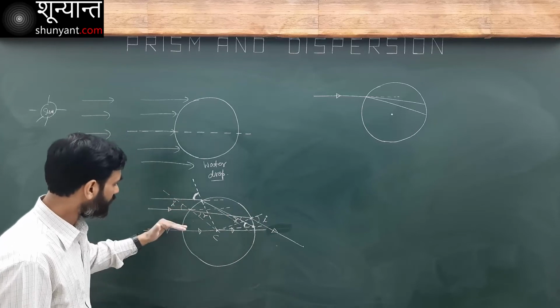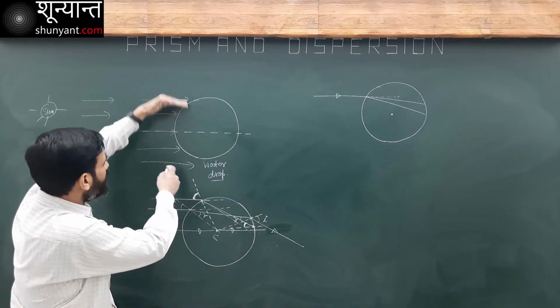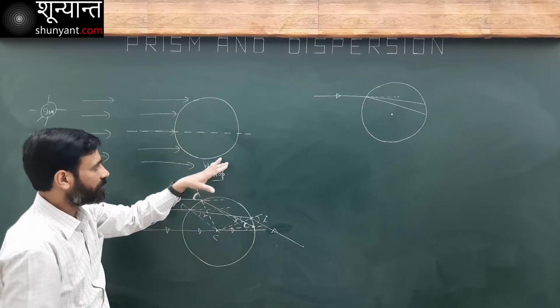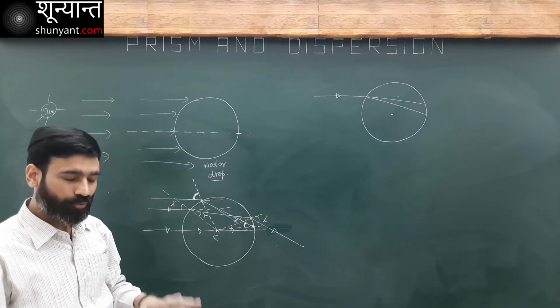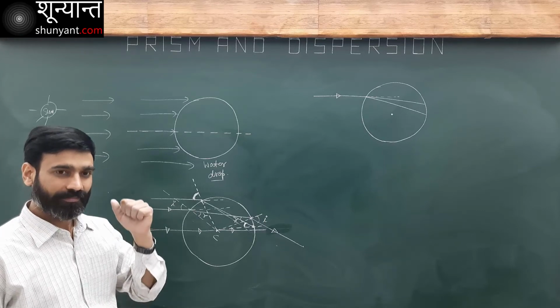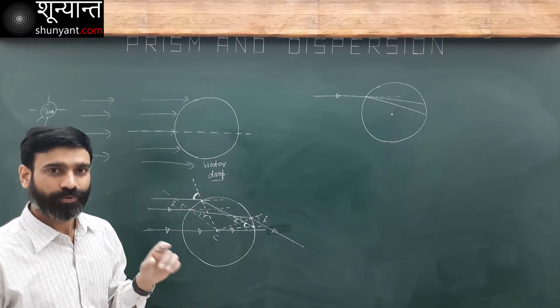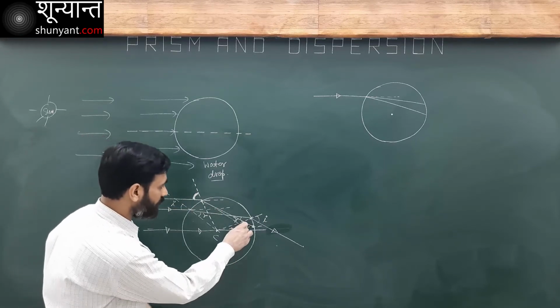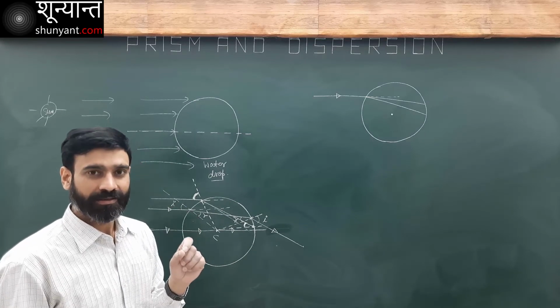And infinite light rays are hitting this water drop. Out of those infinite light rays, there will be a large number of light rays for which this angle will be more than the critical angle.